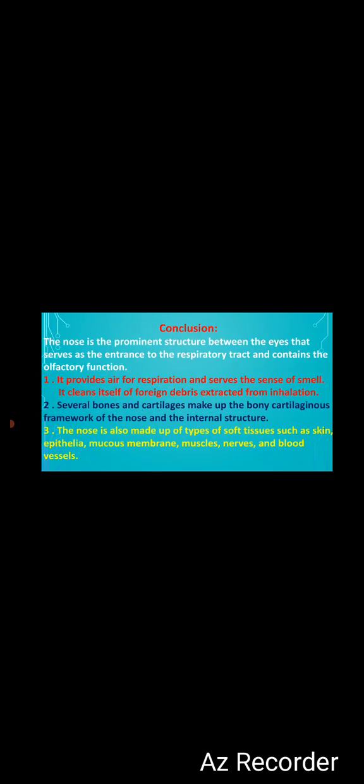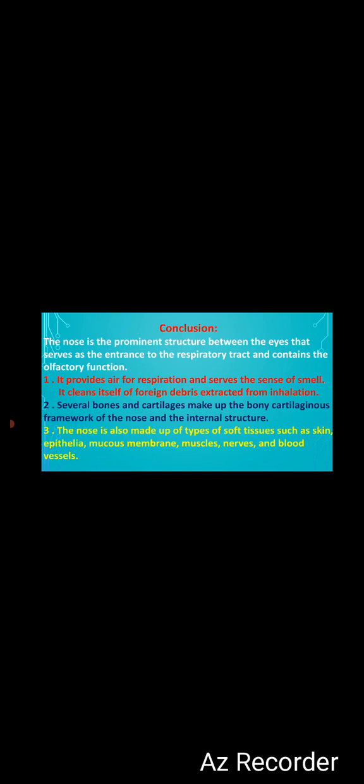Conclusion. So finally, the nose is the prominent structure between the eyes that serves as the entrance to the respiratory tract and contains the olfactory function. It provides air for respiration, serves the sense of smell, and cleans itself of foreign debris extracted from inhalation.